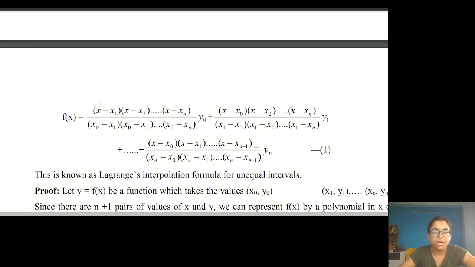Like if we are having the third term, the third term would be divided by every other term. I mean to say that this is the whole formula of Lagrange's. Here we can see that x is a variable which is divided by every other term in the tabulated values.